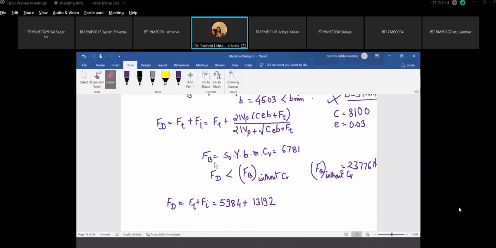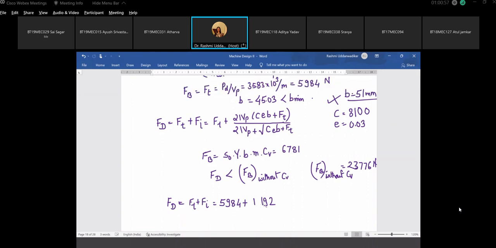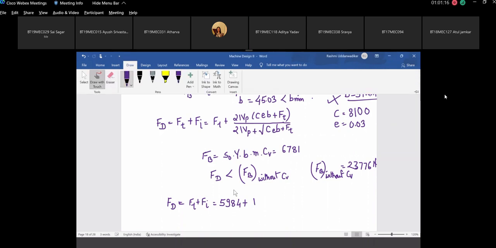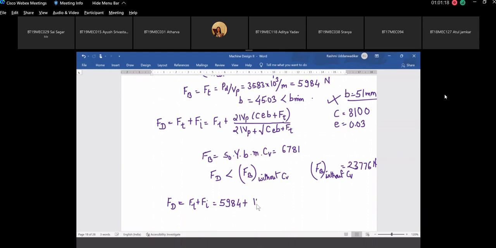To get a total value of 17672. So as long as this FD is less than FB without CV, you are safe.